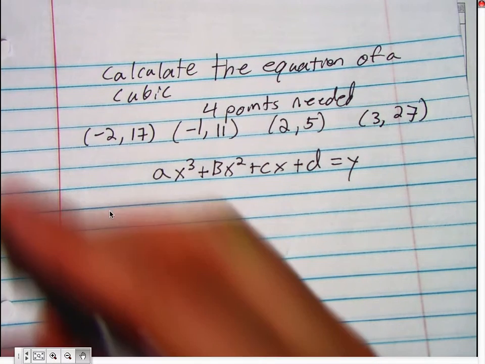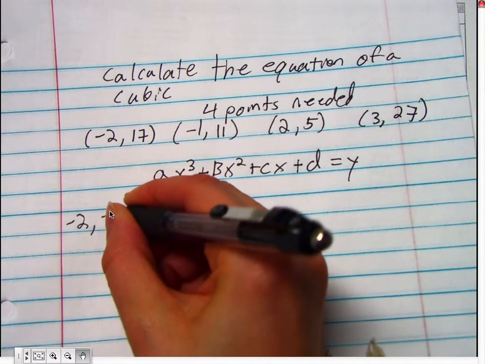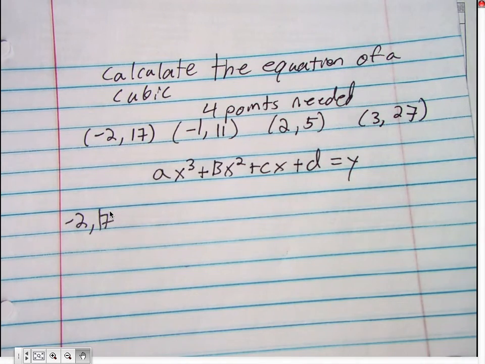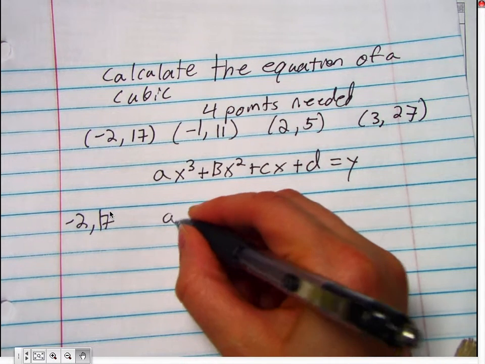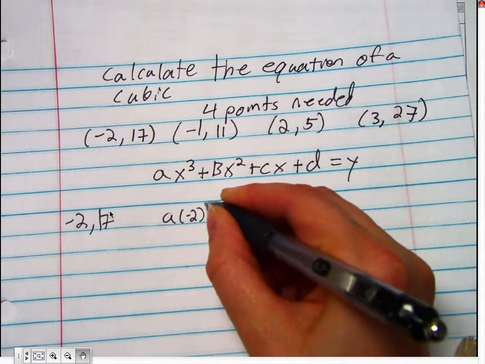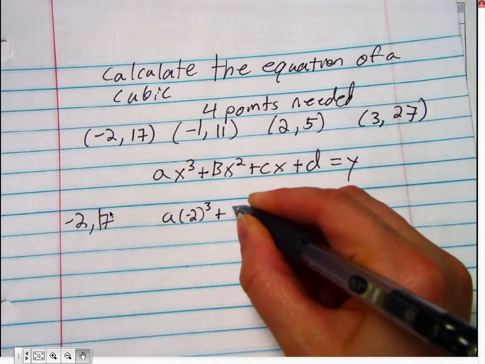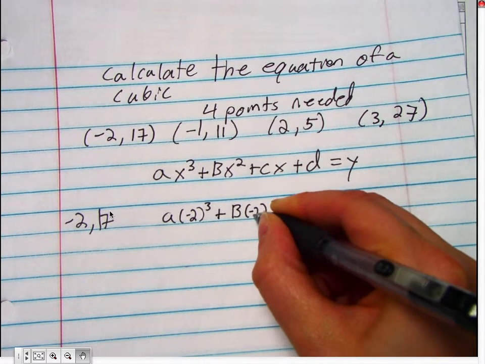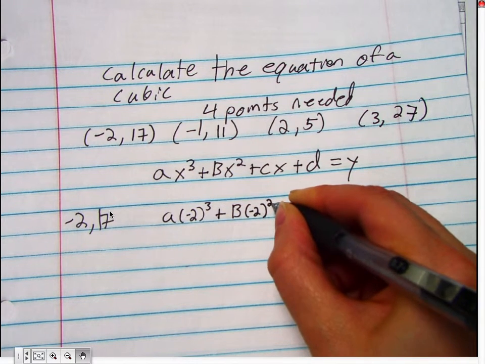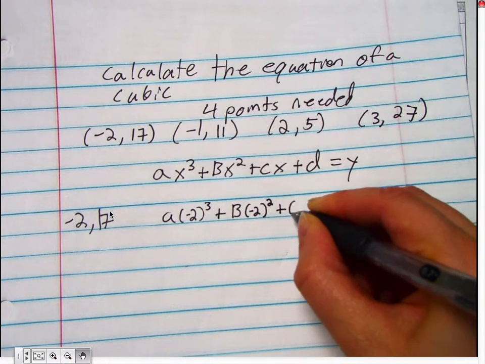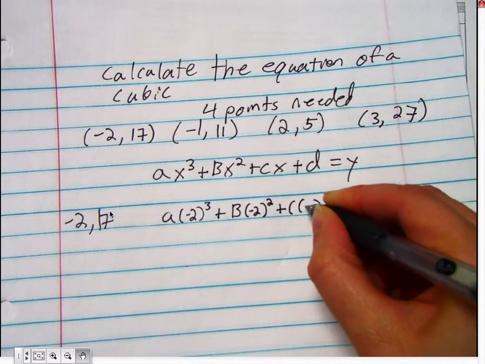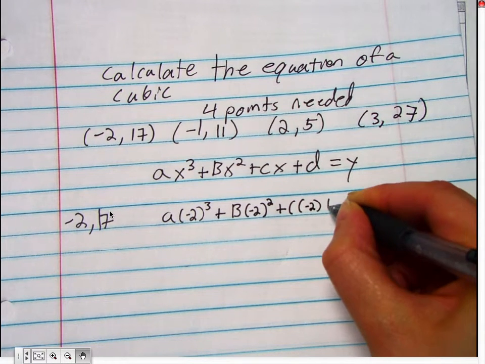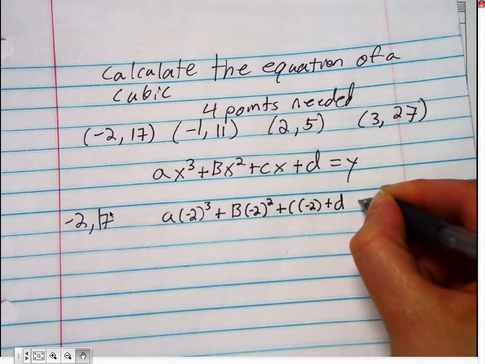Okay, so I'm going to plug in -2 and 17 in here first. And I'm going to get A times -2 cubed plus B times -2 squared plus C times -2 plus D equals 17.